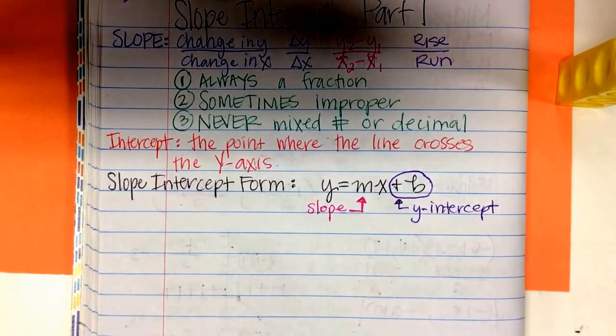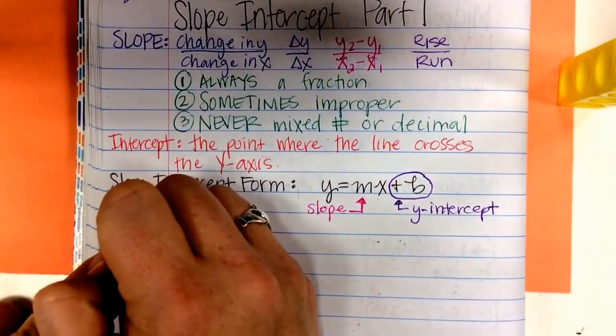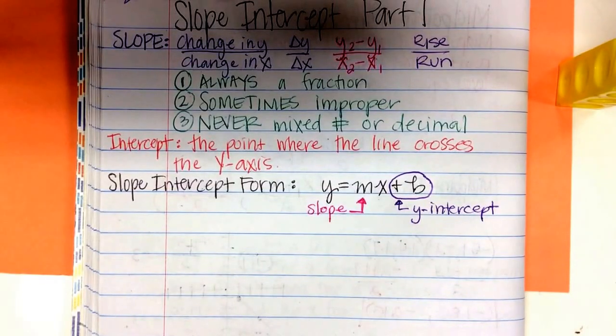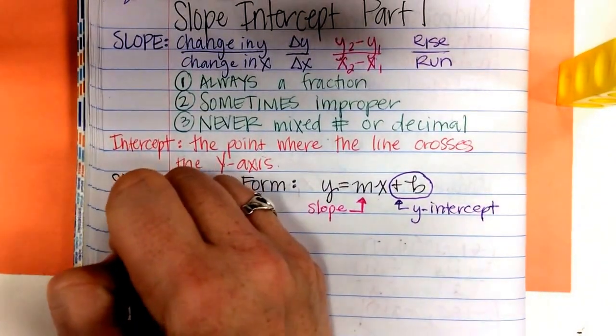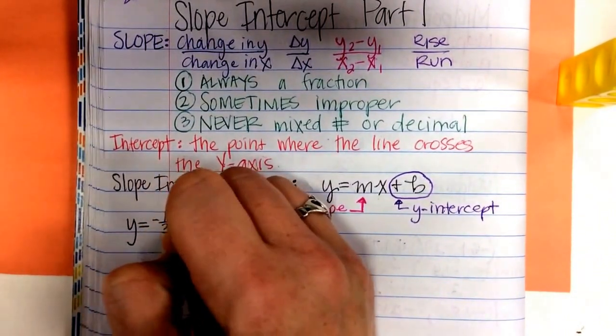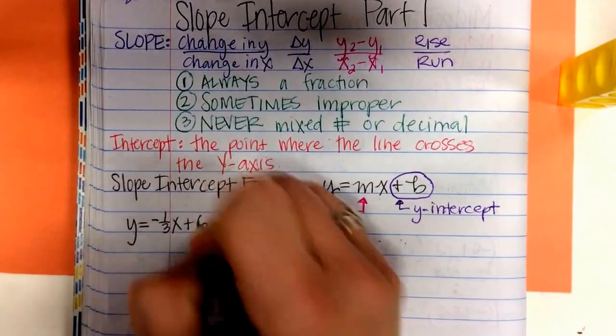Okay, here we go. I'm going to give you a problem, and we're going to graph it. So write down this equation, and then we're going to glue our graph down underneath it. y equals negative 1/3 x plus 6.